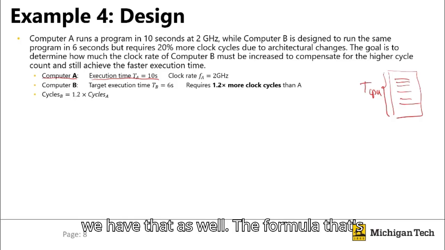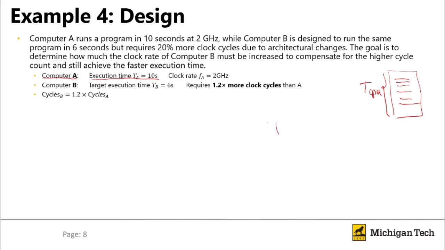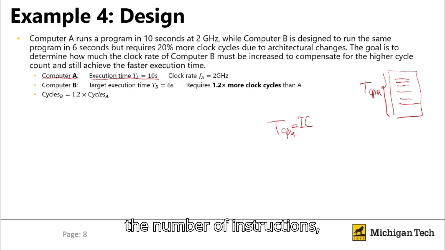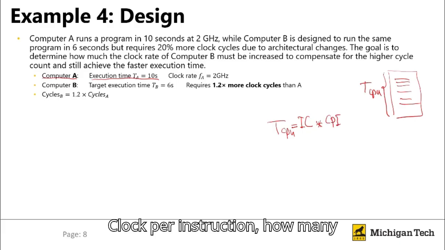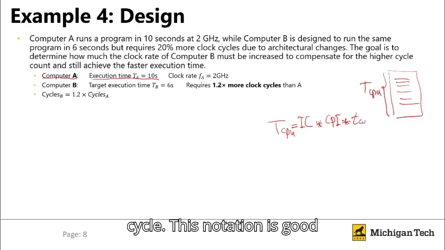The formula that should come to our mind is like that. T CPU is equal to instruction count, the number of instructions, times clock per instruction, how many clocks each instruction needs, and time, which is lowercase t cycle.